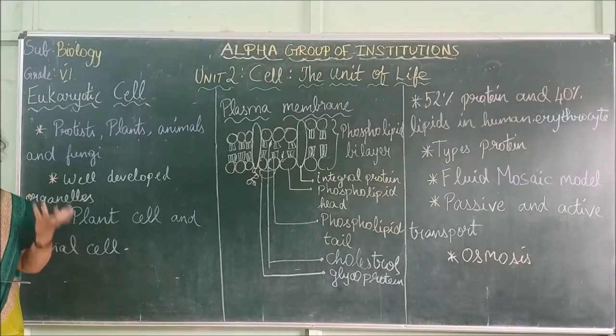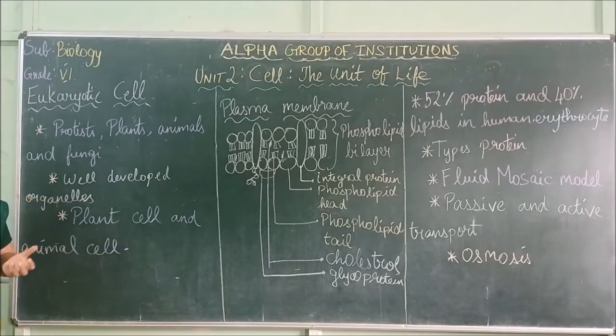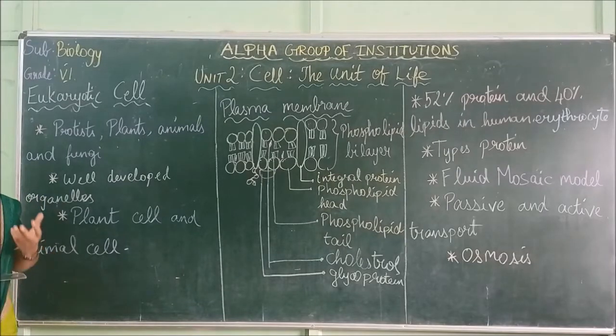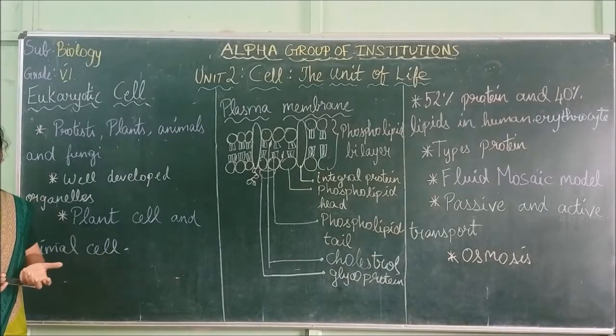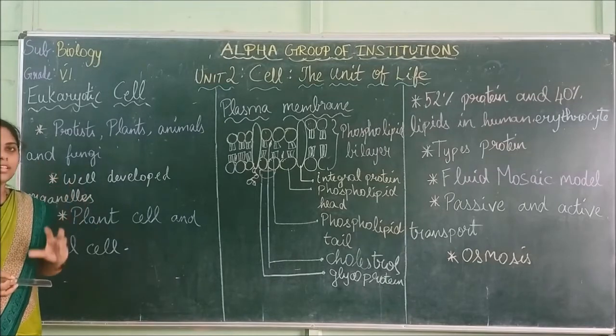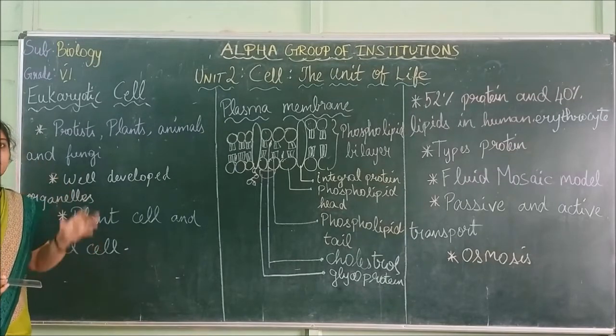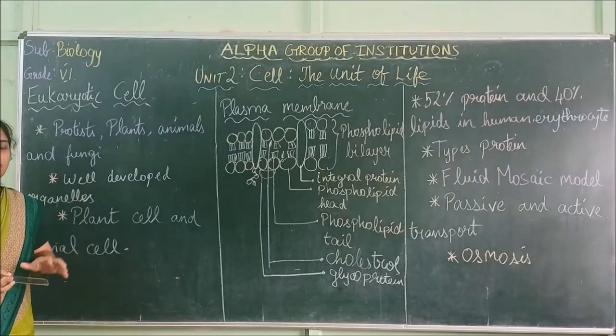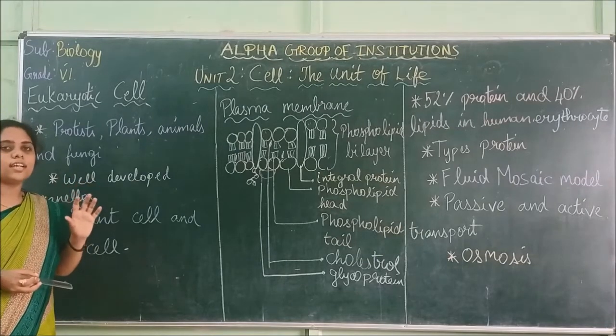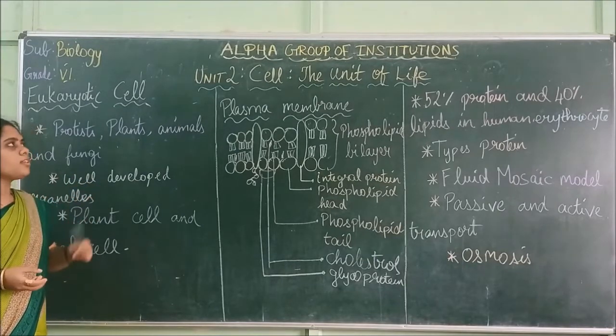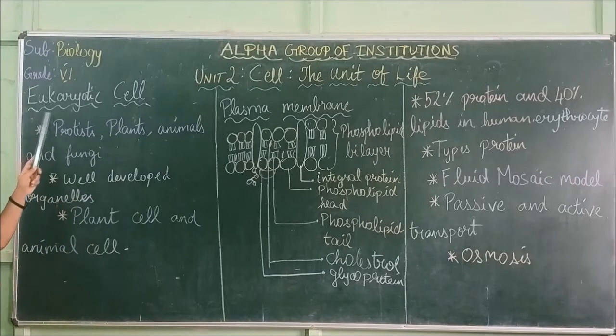They will have a nucleus to control the cell, mitochondria to give power, a vacuole, and the endoplasmic reticulum. Each organelle is present for a specific function. That is what is considered a well developed cell.